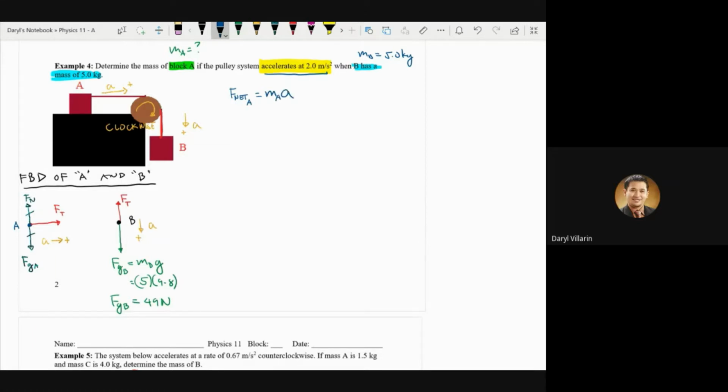And the acceleration only happens on the horizontal. In this case, there's only one force lying along the horizontal, and the acceleration is just to the right. So the force that affects your movement horizontally is just Ft.